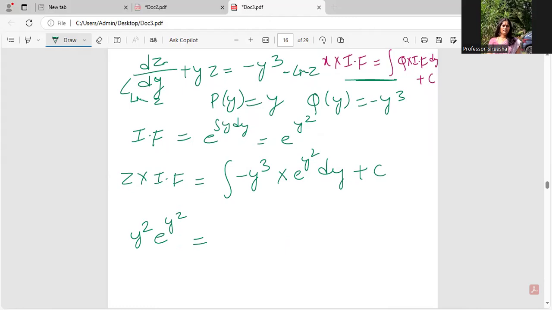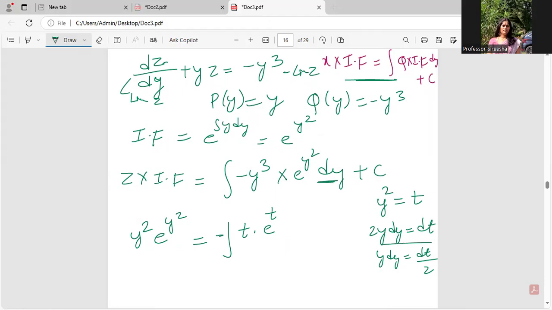And then this one, accordingly, I will take y squared is equal to some t. 2y dy would be dt. Okay. So y dy would be dt by 2. Integral minus put it outside. Y squared value is t. E power y squared value is also e power t. Y dy value is dt by 2 plus c.